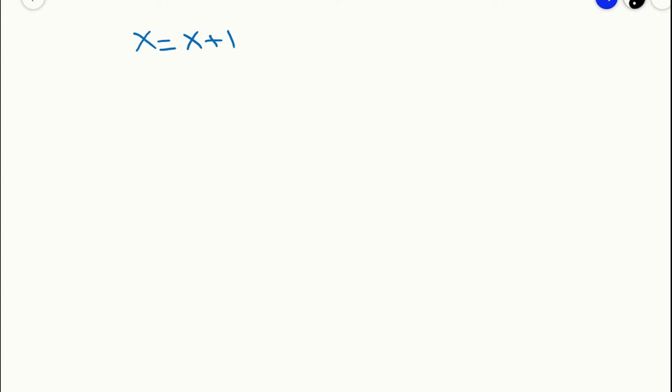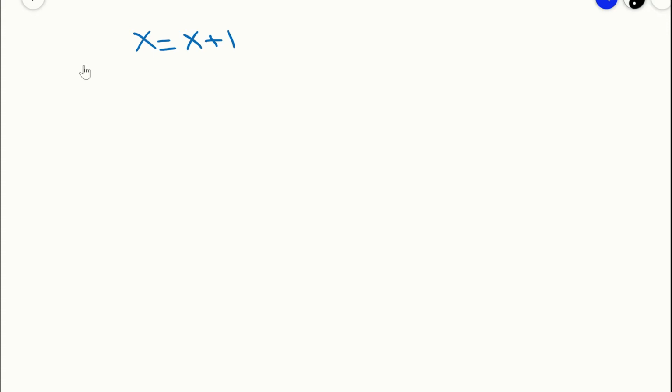Not all equations that are not going to have solutions are going to be so simple to analyze. Sometimes you'll have to do some work to realize it, but with something like this, you can already see it's asking for too much. It's asking you to find some real number that stays the same if you add 1 to it. Well, that's impossible, right? If you add 1 to any real number, it's going to be one number larger, right?